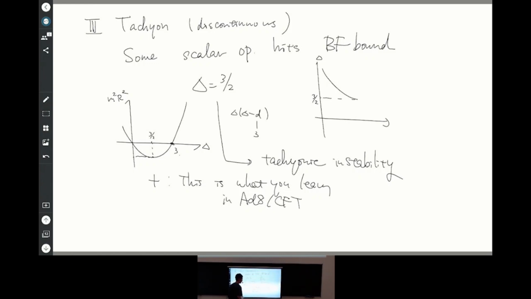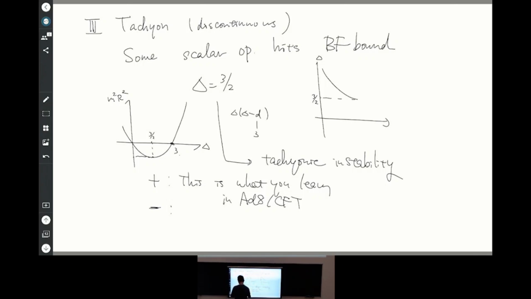But on the other hand, it's a bit unclear whether this BF bound has any significant meaning in the non-perturbative interacting theory, because delta equals 3/2 is from a CFT point of view just nothing special, just some random number. Importantly, the way people derive the BF bound is basically analyzing the Klein-Gordon equation in AdS, which is a linear perturbation around AdS, and then looking at the instability. And there is no reason to believe that you can apply the same criteria in an interacting theory.